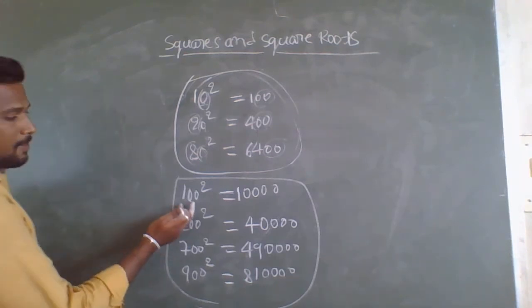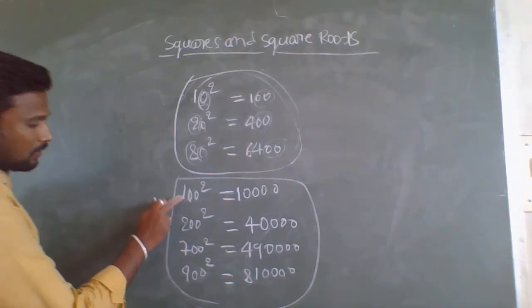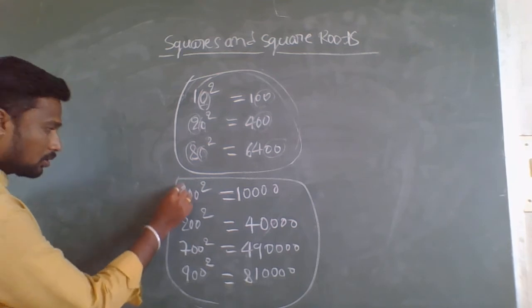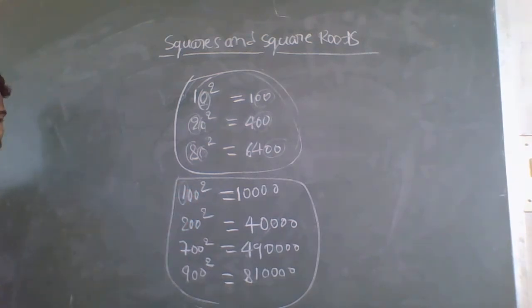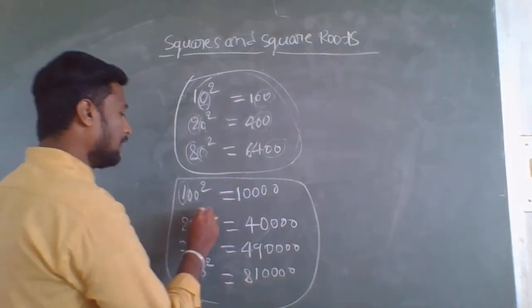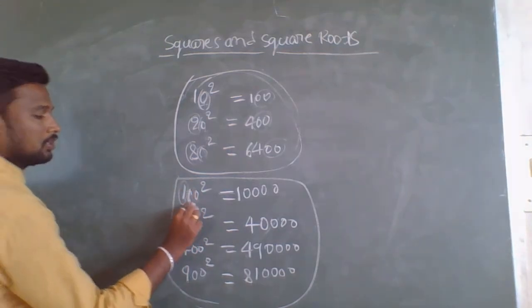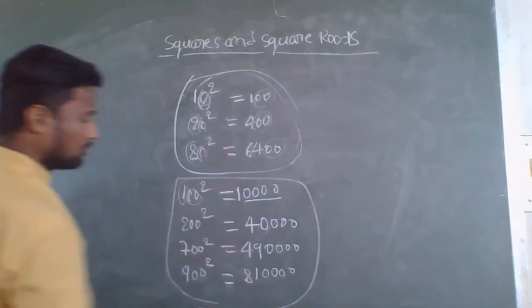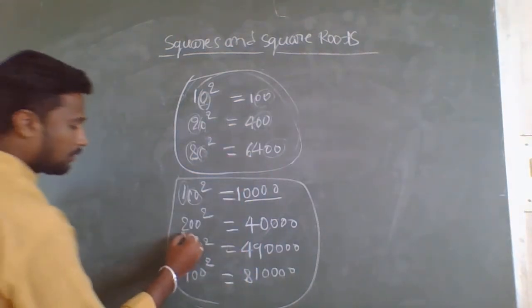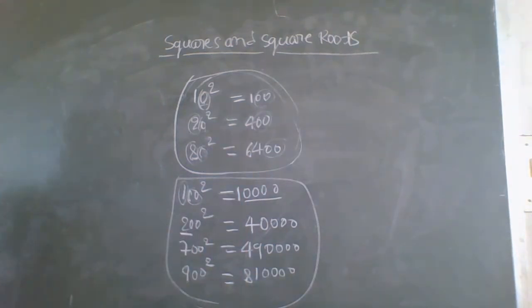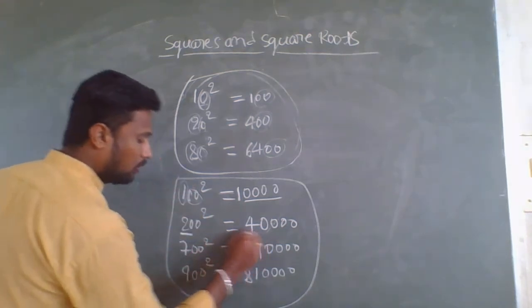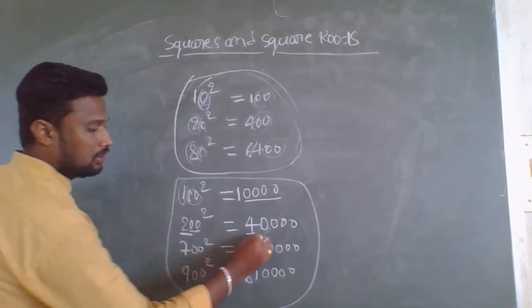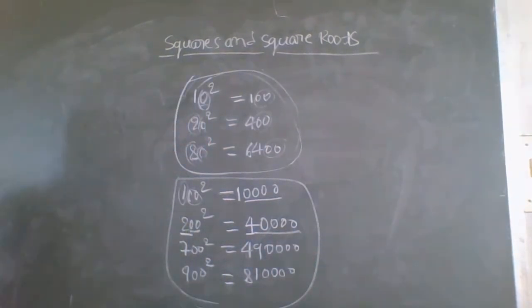Here also you can observe, 100 square. First we should write the square value of 1. What is that? 1 only, and here they have given 2 zeros, so in the square number there will be 4 zeros. Like that only, here 2 zeros and 2 they have given. 2 square means first you will get 4, and they have given 2 zeros, so you should write 4 zeros.